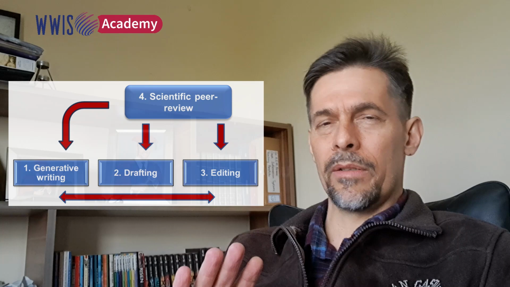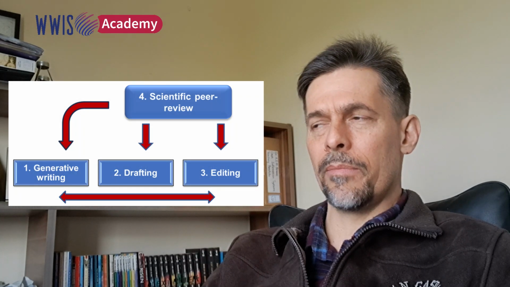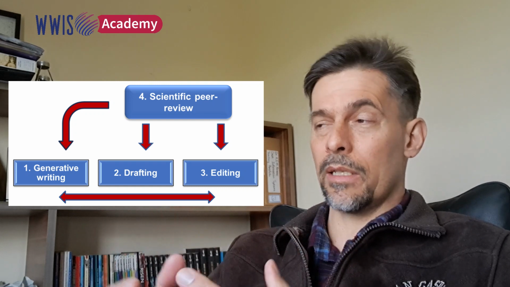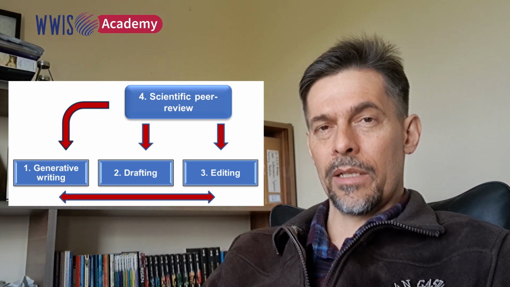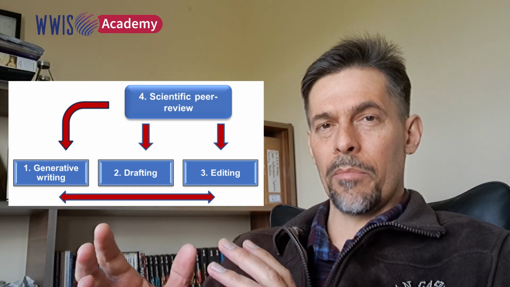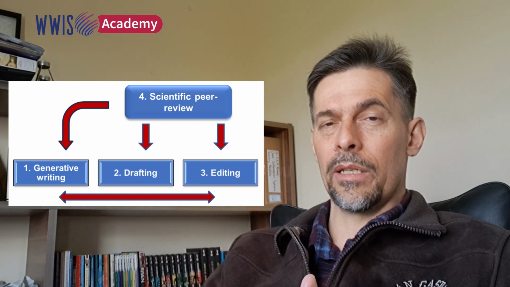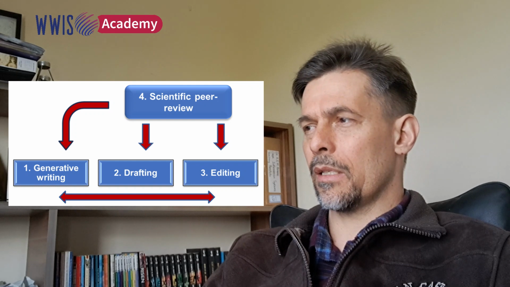But I want to say a few things about the 4 phases of writing, just by introduction, a quick recap. We said in the previous video that the 4 phases of writing include the generative writing phase, where you generate ideas. The drafting phase, where you start crafting an imaginary conversation between yourself, the literature that you're reading, and the results of your data analysis.